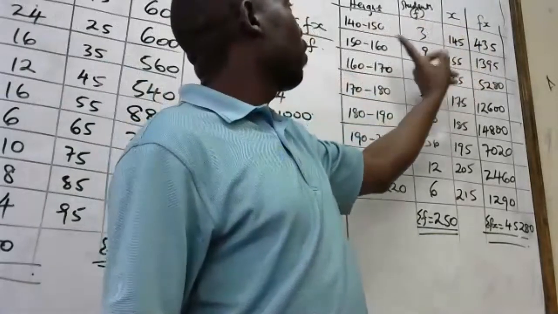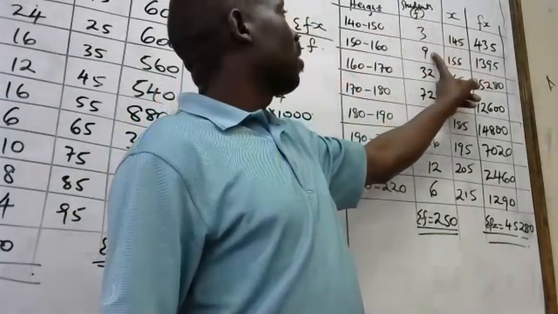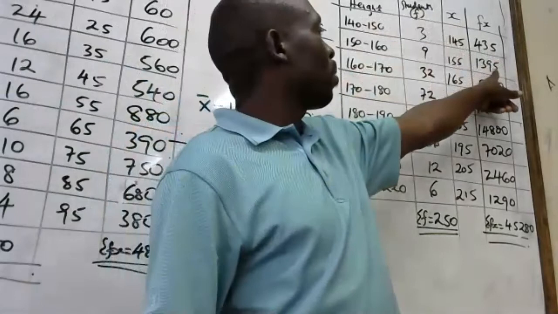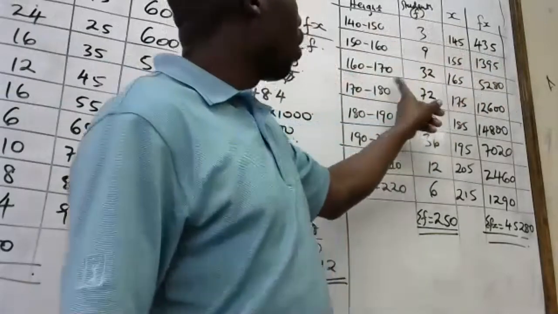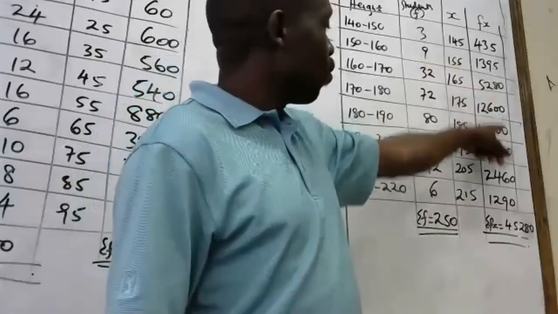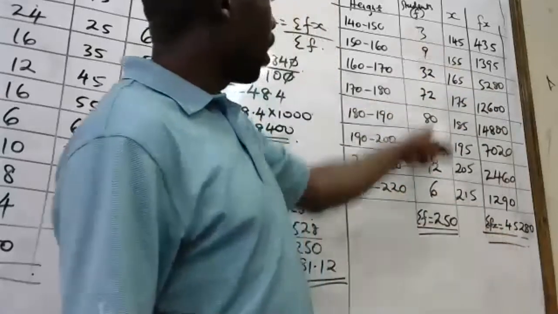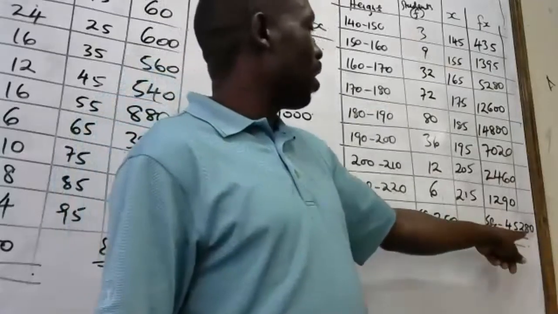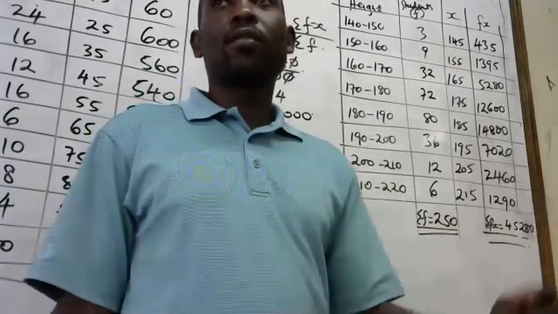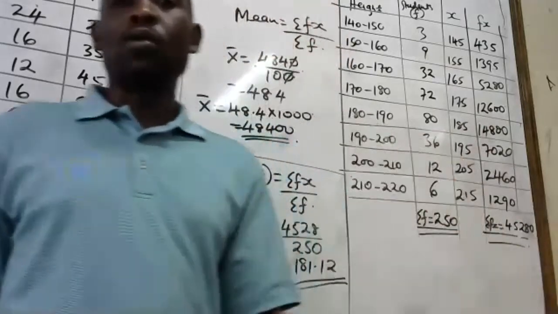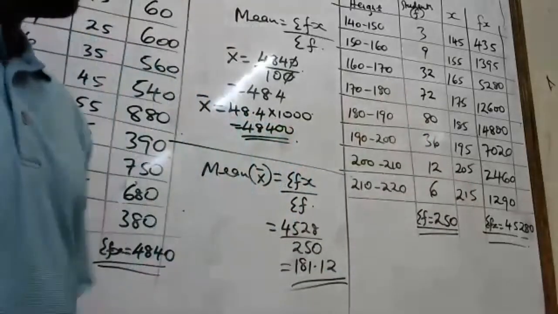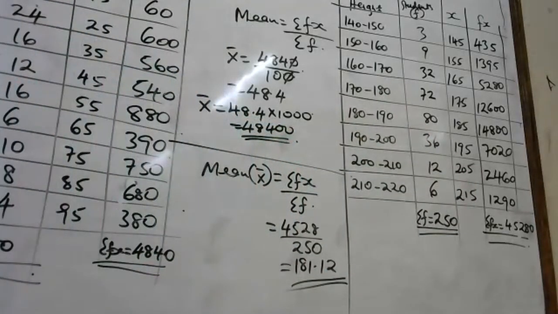You do the same for all the classes. Then you add all the fx's, you add all the frequencies, then you divide the sum of fx by the sum of f, and you get the mean. So x is determined by you, fx is also determined by you, then from there you apply the formula appropriately.